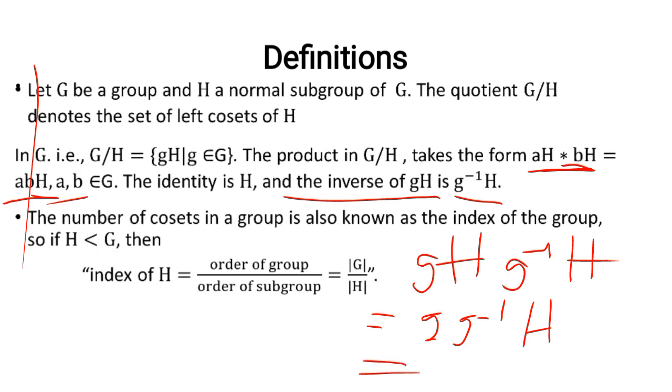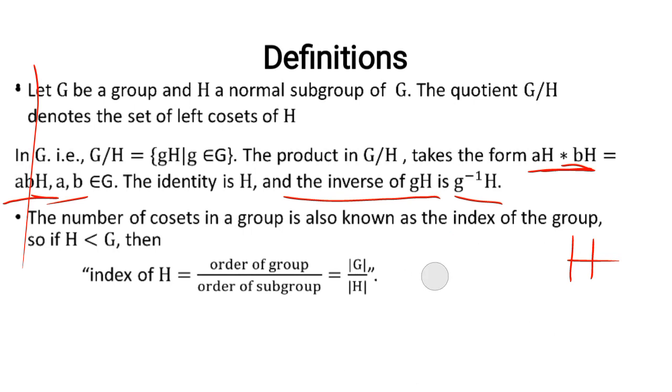And what is G inverse G? G times G inverse, by your law of groups, is identity, so that's just H itself, that's all. And that's the answer to this product, okay? So that means that truly G inverse H is the inverse of this particular left coset or element, okay?